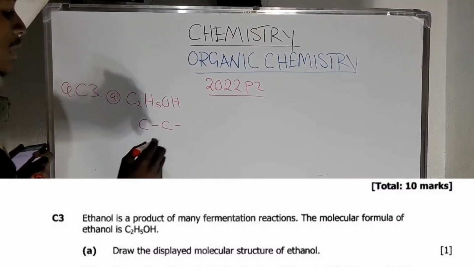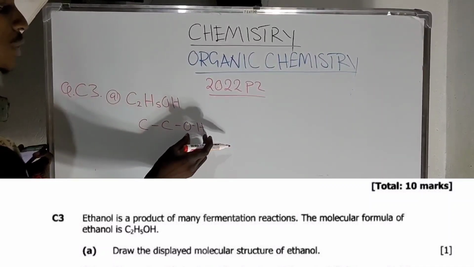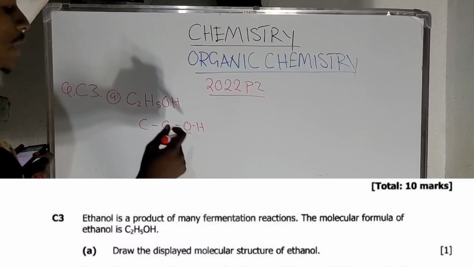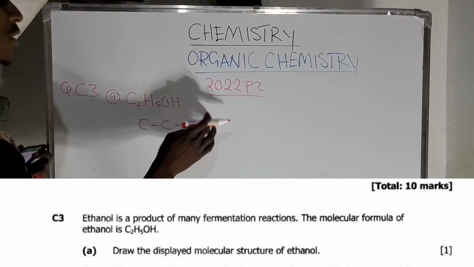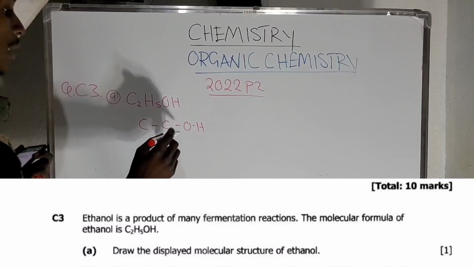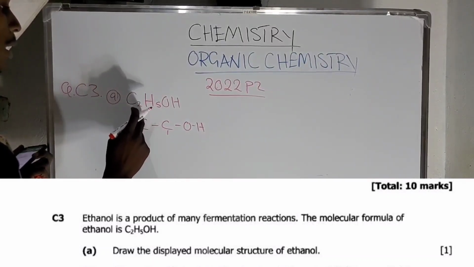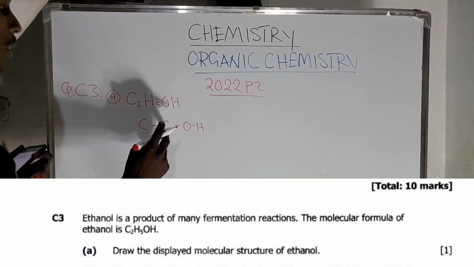Then on this side, you add this hydroxyl. OH is not hydroxide here, it is called the hydroxyl group. This is the functional group for all alcohols, or alkanols.